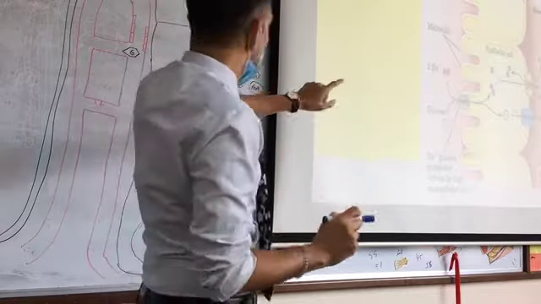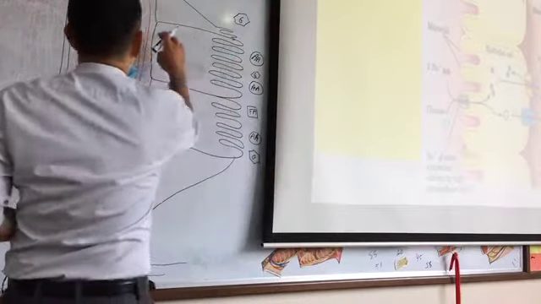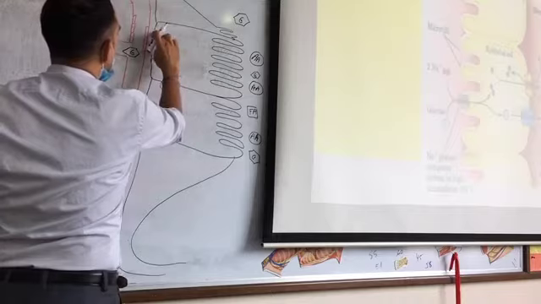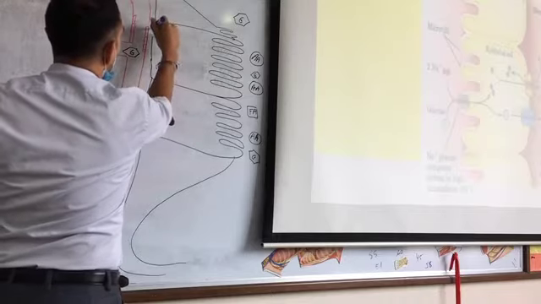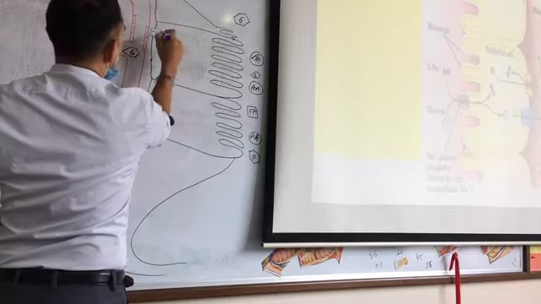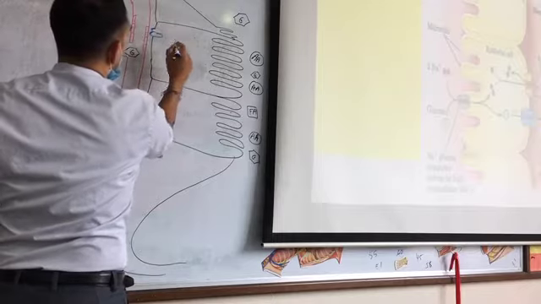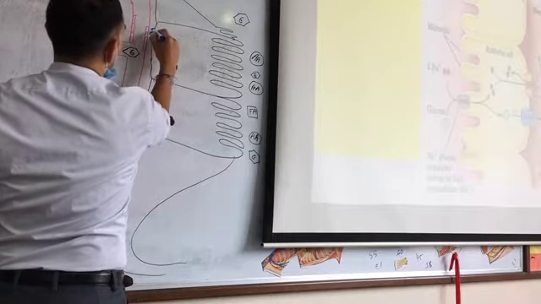So first, I want to try to stay consistent. Let's do over here on this end. We're going to add sort of like a gate. We'll do that one in blue.